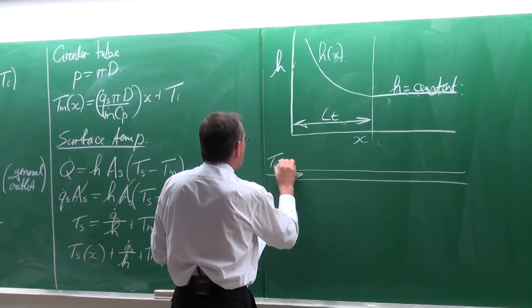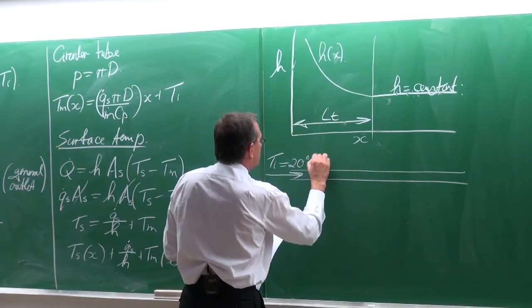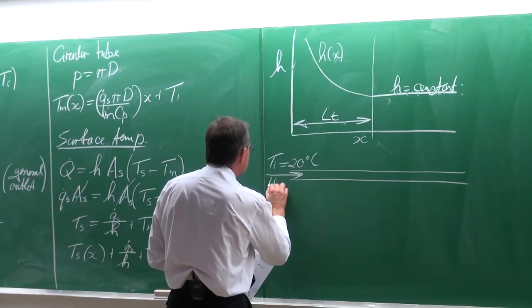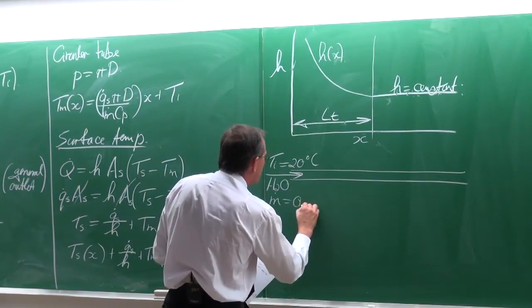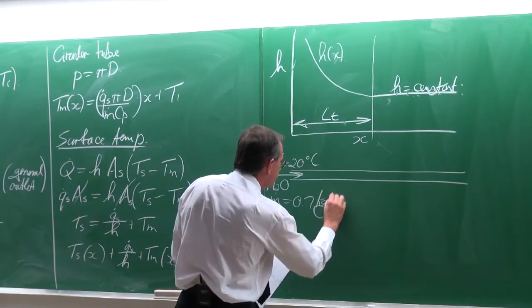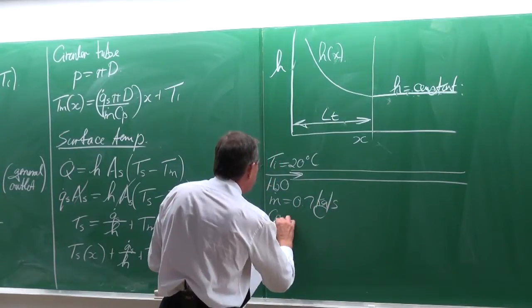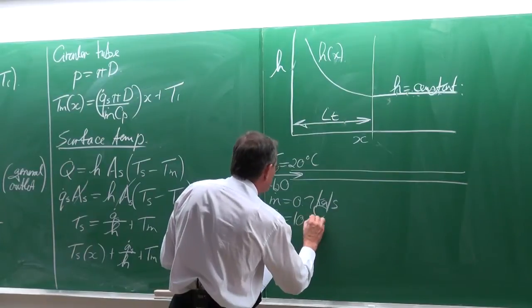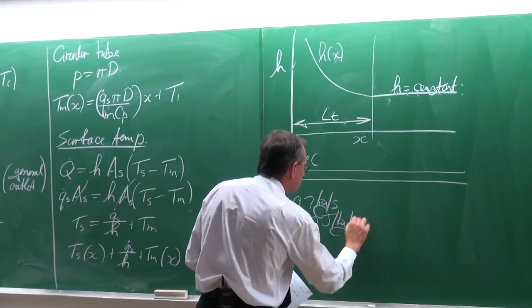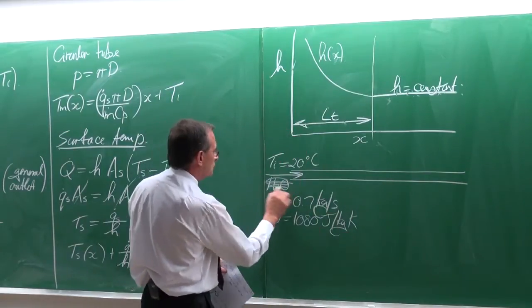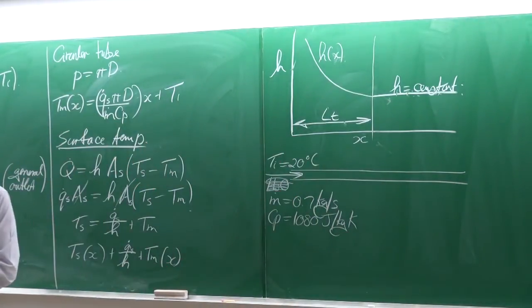And as an example, let's take an inlet temperature of 20 degrees Celsius. It is water. The mass flow rate is 0.7 kilograms per second. And the Cp value is equal to 1080 joules per kilogram Kelvin. Oh, I've said water. No, it's not water. It's one other fluid. It doesn't matter. Okay.